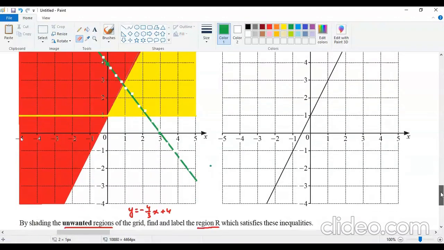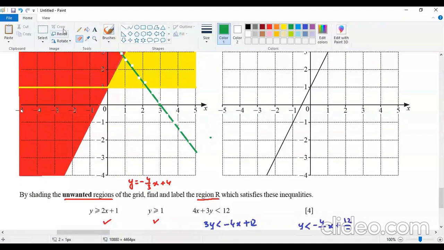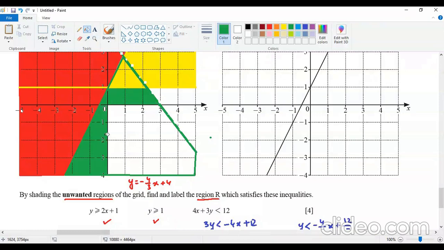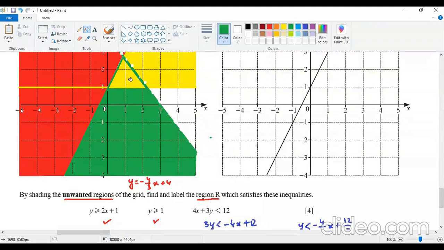So all the values less than, that means the area below this, is going to be shaded. Now we are going to shade this area. This area is shaded.